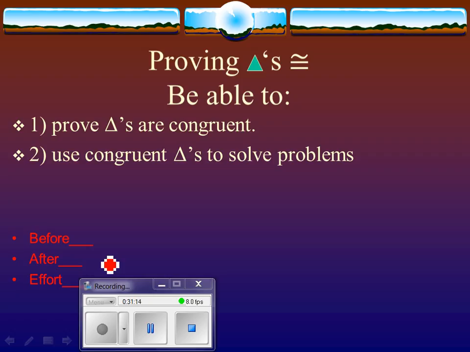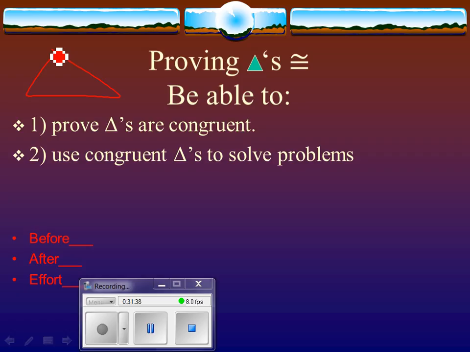So we're going to prove triangles are congruent. Again, that's a lot of two-column proofs for the rest of this chapter. We're going to use those congruent triangles to solve problems. Triangle is a shape that you use a whole bunch because there are so many different rules about a triangle.